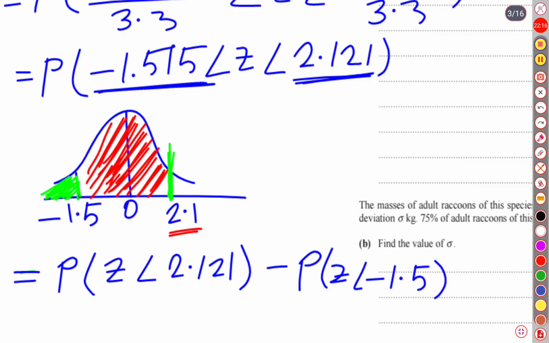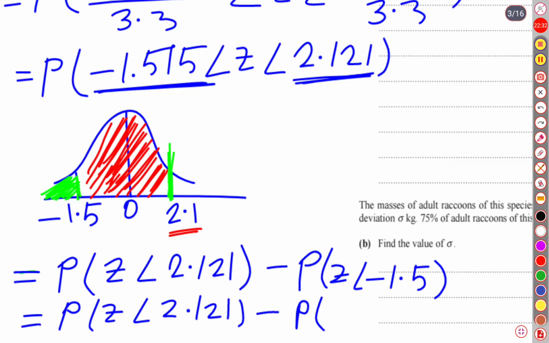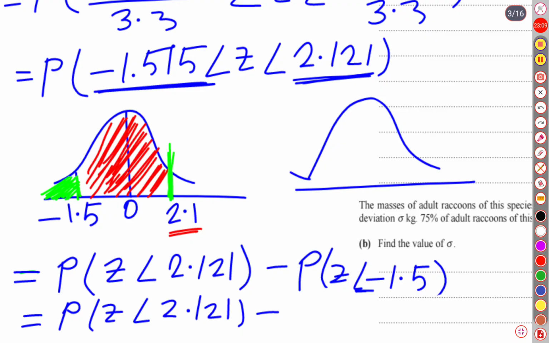There is something more to be learned yet. There is another concept hidden in this, because when the z score is negative, no probability is given for any negative standard deviation or z score. Suppose this is our normal curve, which is always symmetrical, and this is 0.